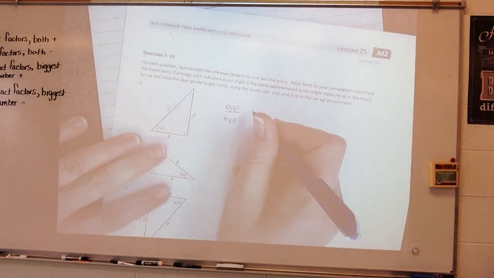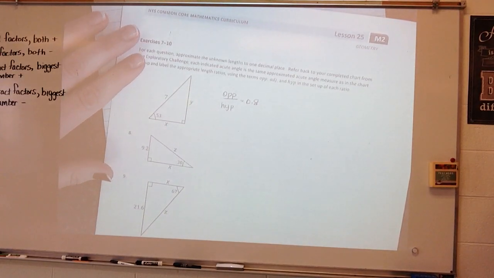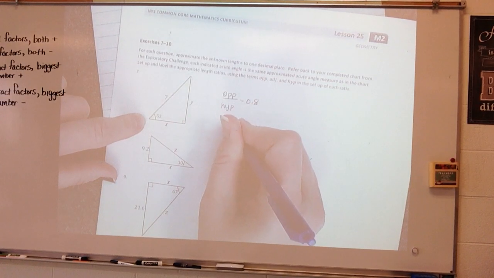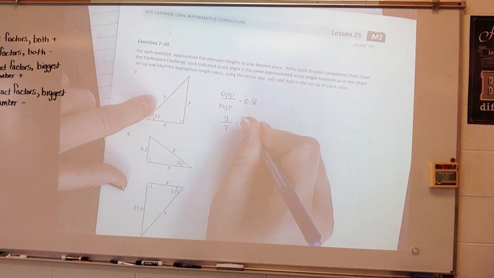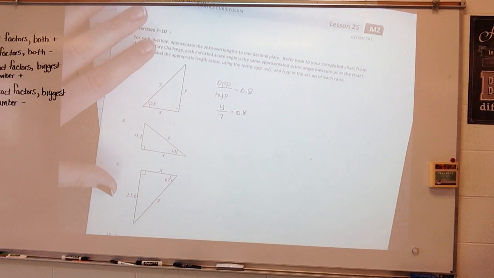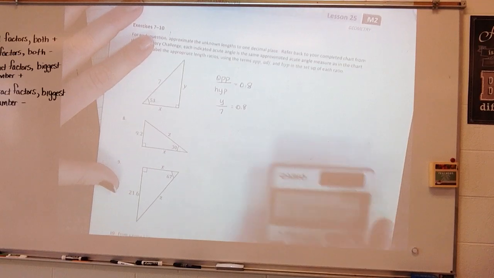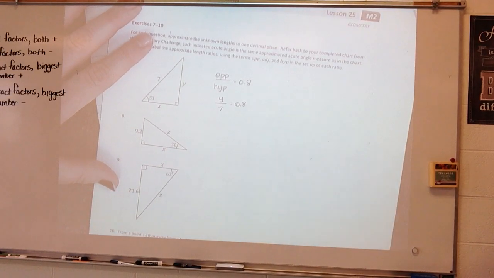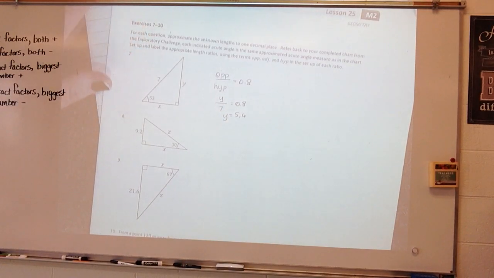So I'm going to set that up as equal to 8/10. My opposite of this angle is y, over the hypotenuse 7, is equal to 8/10. I would solve this by doing a ratio, so I would multiply 8/10 times 7, which gives me y is equal to 5 6/10.